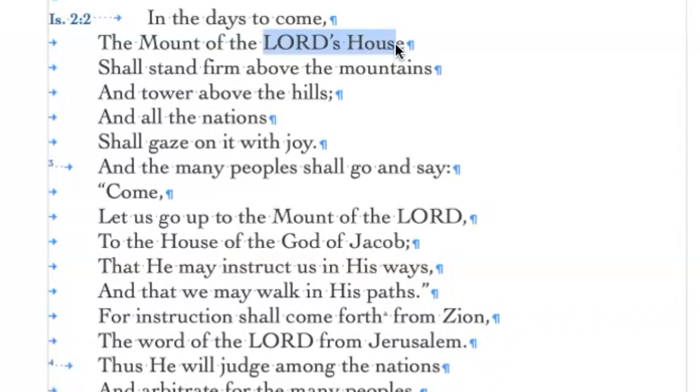A temple that God built, right? And we have references to that in Exodus 15 and elsewhere, that God built God's self a palace.